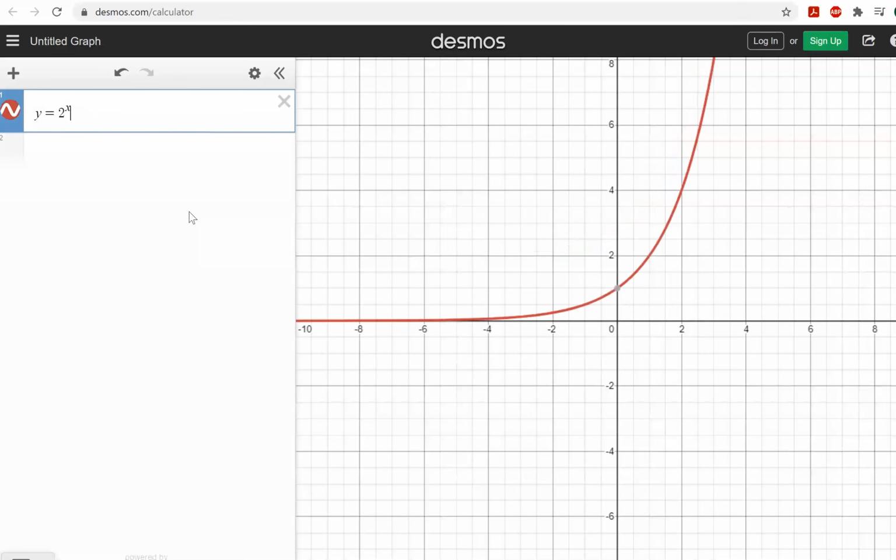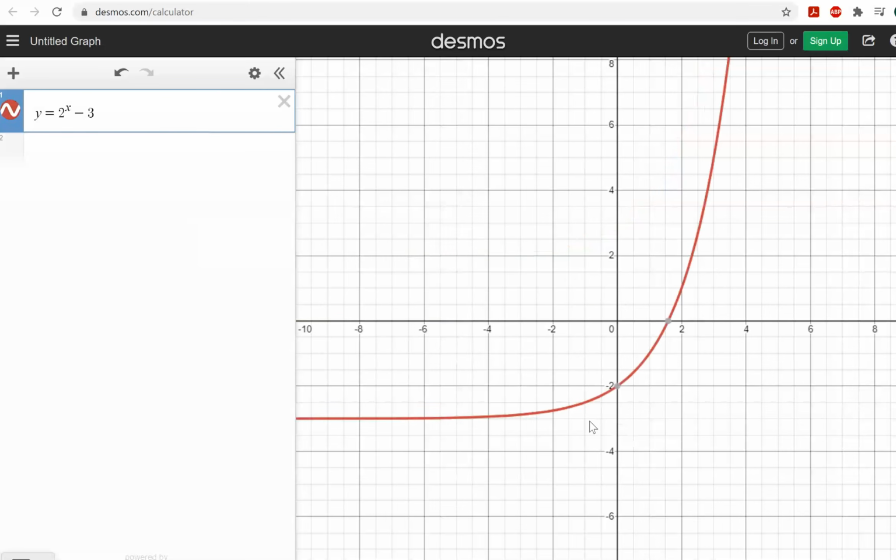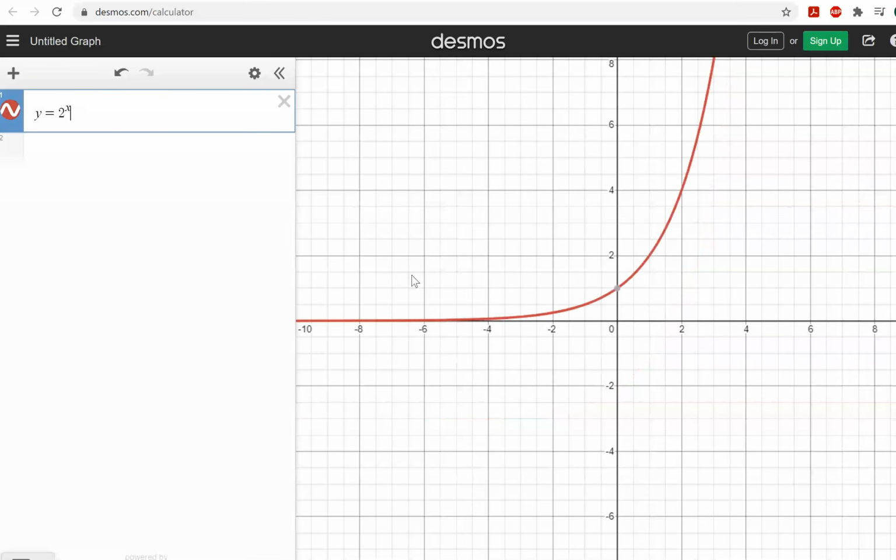If I subtracted, like minus 3, now my horizontal asymptote's down at negative 3, and my function didn't really change shape. So adding or subtracting on the outside of the exponential piece, outside of your growth factor with the exponent, is going to move the function up and down.